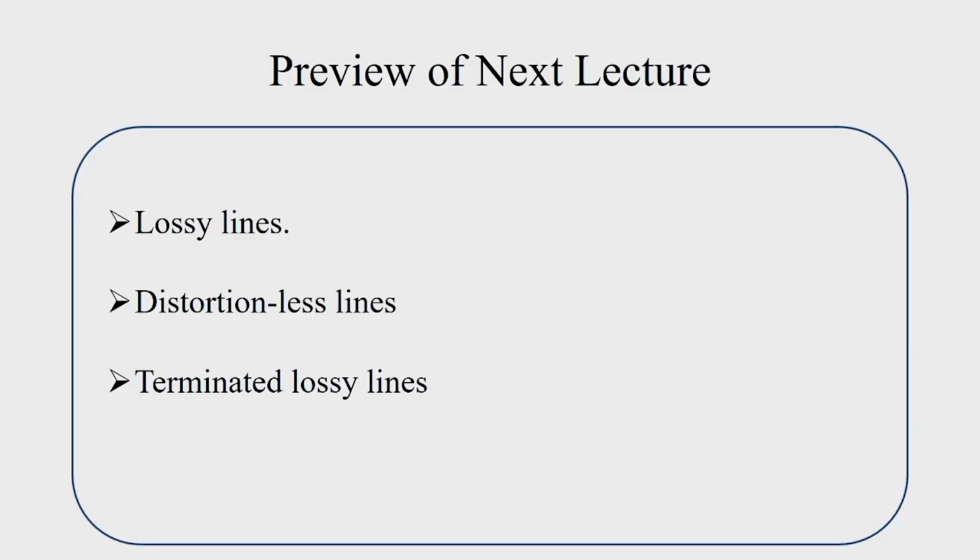In the next lecture, we will see transmission line having loss. In fact, we will cover the lossy transmission line, particularly when the loss is small. Then we will consider another special case which is called a distortionless line, and finally, we will conclude our discussion in that lecture by considering the terminated lossy lines.